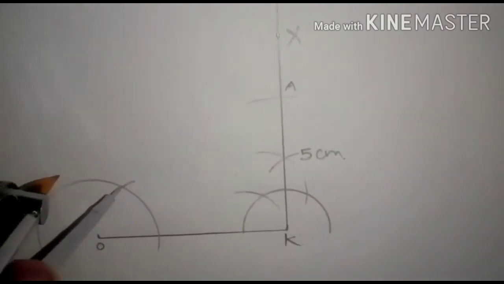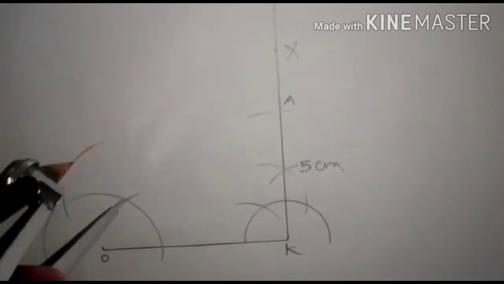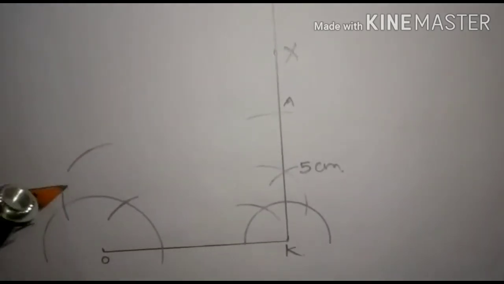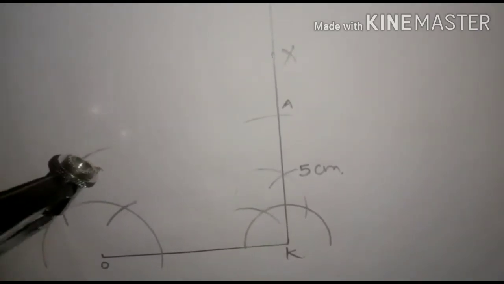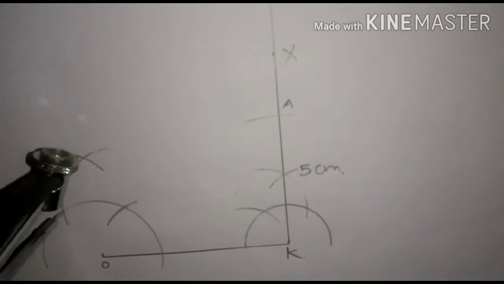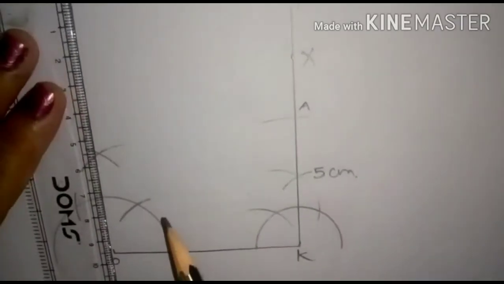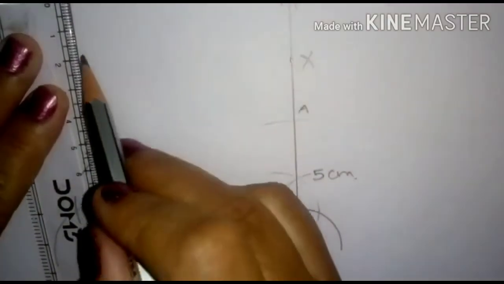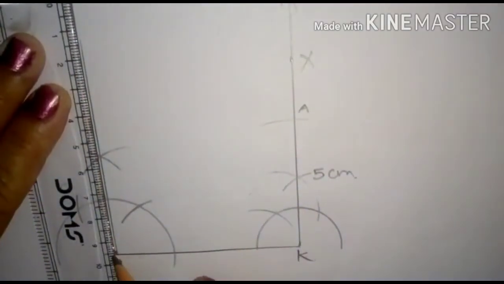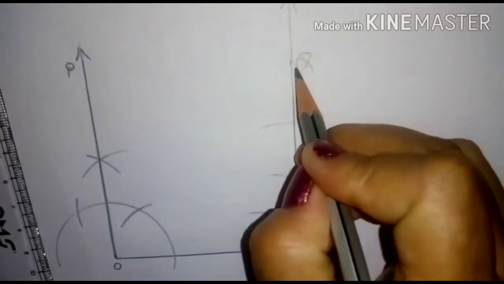This is another arc for 120 degrees, and with the same measurement draw one arc on the upper side, one by one. So where they intersect each other, join the line, it will be of 90 degrees. So extend it further and give the point P here. This we will give as Q.